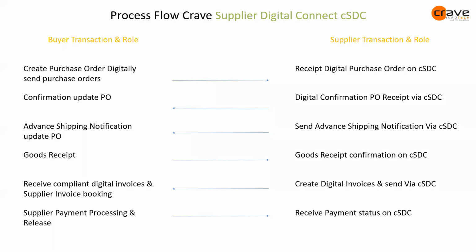Not only that, they can also see the reports very specific to them: which purchase orders were created in the past, what payments I have received, which ASNs were created in the past, which ASNs are partially created. All of that history is also available at their fingertip on the go.